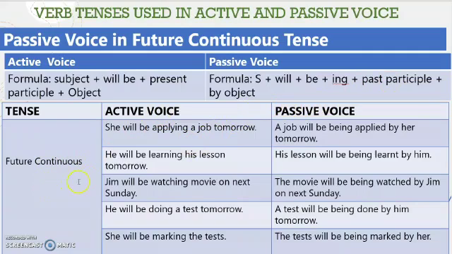In future continuous, the active voice is she will be applying for a job tomorrow. A job will be being applied for by her tomorrow. Jim will be watching a movie next Sunday. The movie will be being watched by Jim next Sunday. She will be marking the tests. The tests will be being marked by her.